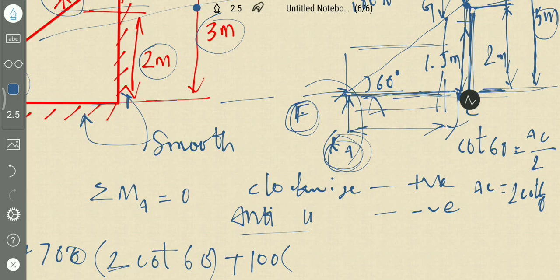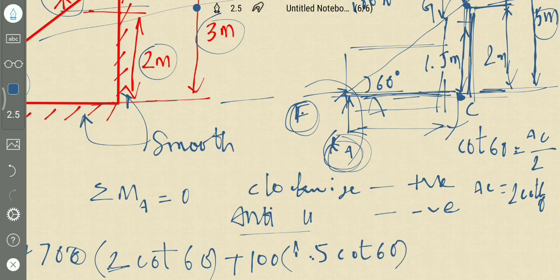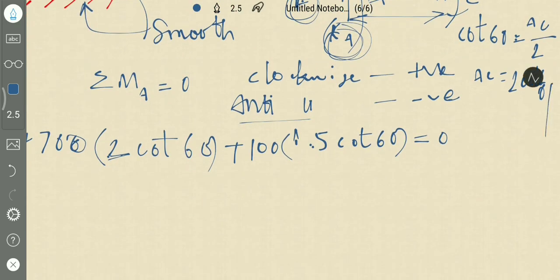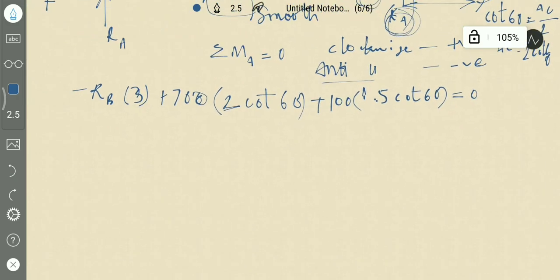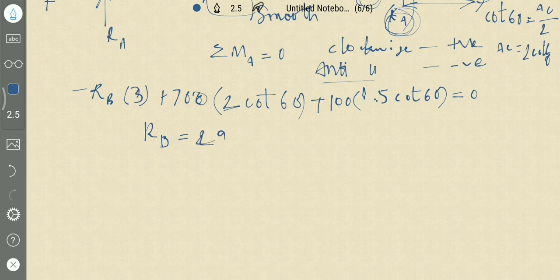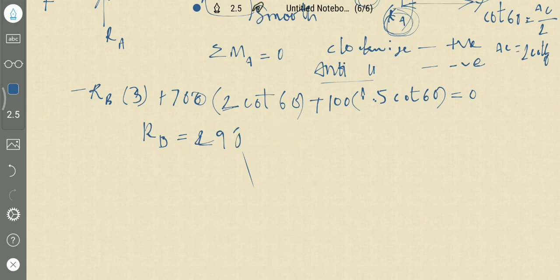This is 1.5 cot 60, equal to 0. If you simplify this, R_B has a value of 298.3 newtons.